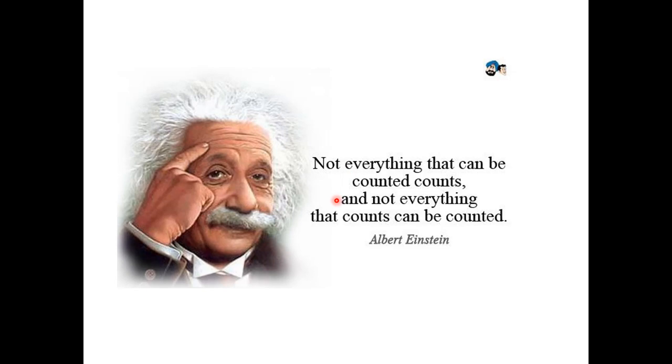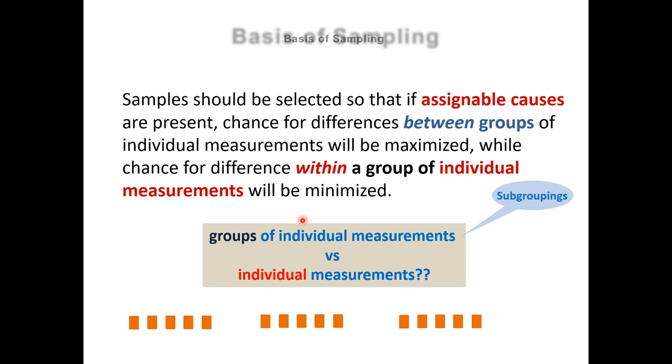On the other hand, not everything which is important can be counted. You cannot count everything, even though you know it is important. That is something that you have to consider. So this is the idea of theoretical procedures and the practical part of it. Interesting, isn't it? So go back and think about it.